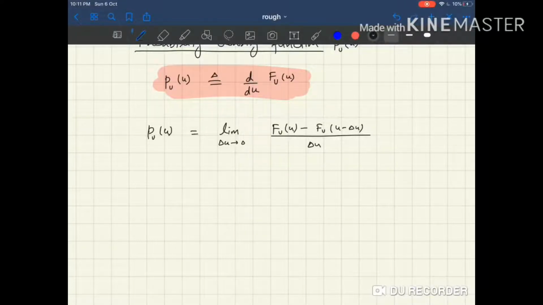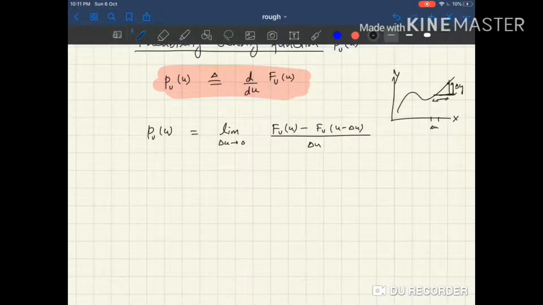That basically gives you, for a given curve, say you have an x and y coordinate system and this one is a function. Suppose for this part you want to find the slope. So you take this y value minus this y value, divided by this x difference. So delta u serves as the change in x, and this serves as the change in y.